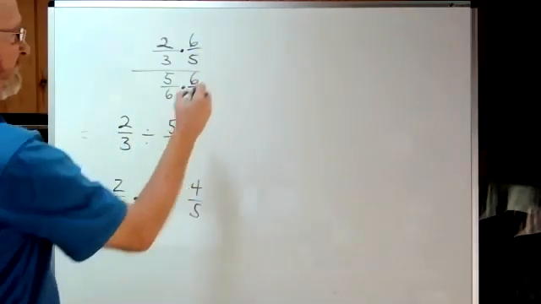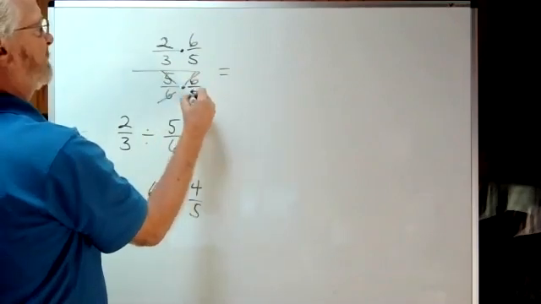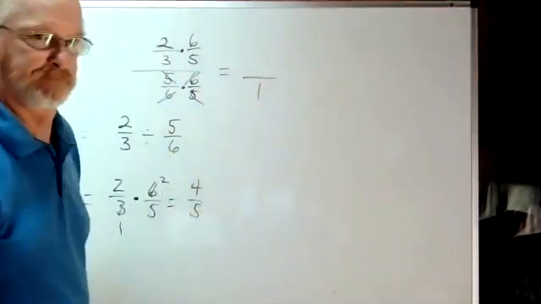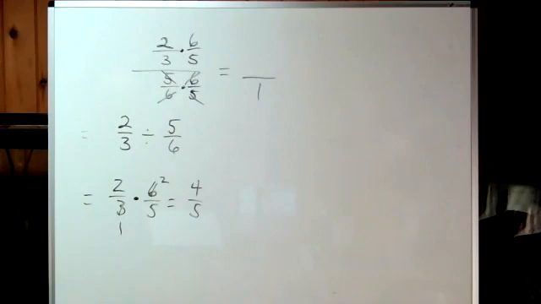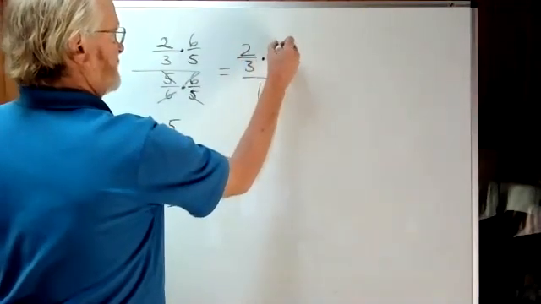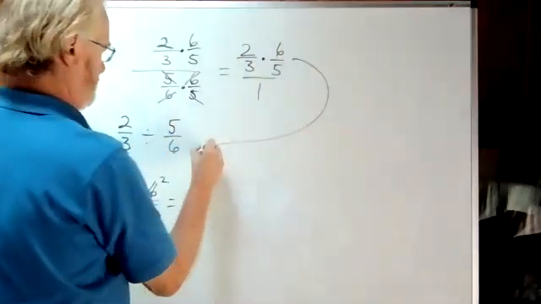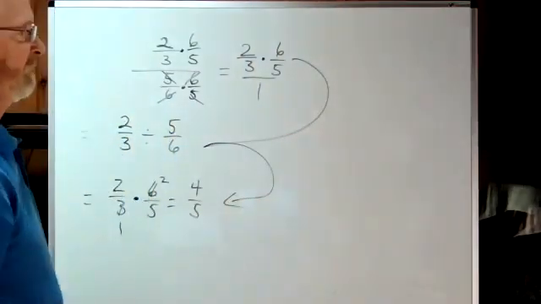What happens? On the bottom, 6 and 6 cancel, and 5 and 5 cancel, and I get a 1. Nice number for a denominator now. On the top, though, I still have 2/3 times 6/5, but it's all over 1.